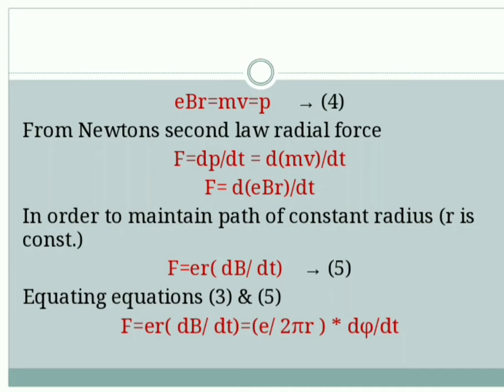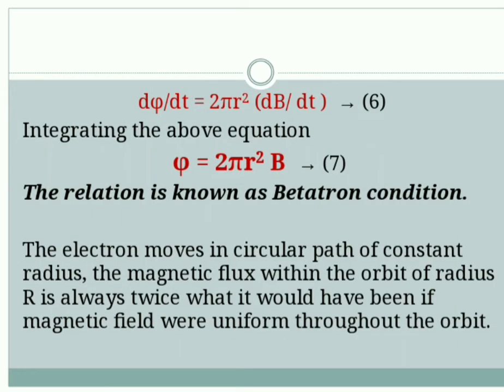So F = d(eBr)/dt. In order to maintain a path of constant radius, F = er dB/dt. Balancing both the equations, we get dΦ/dt = 2πr² dB/dt. Integrating the above equation, finally we get Φ = 2πr²B. This relation is known as the Betatron condition.